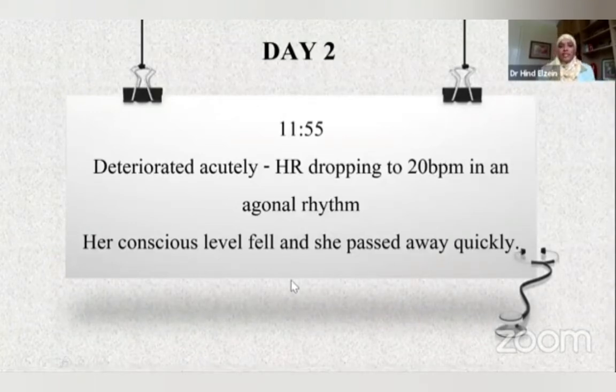Then about an hour or 2 hours later, she deteriorated acutely. Her blood pressure dropped further, her heart rate dropped to 20 beats per minute, and she went into asystole. And she passed away very quickly at that stage.